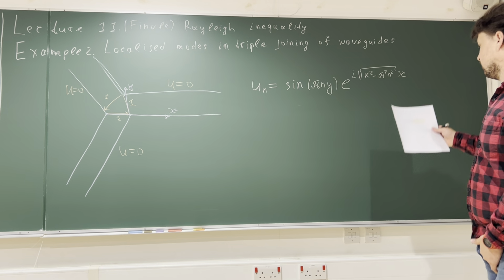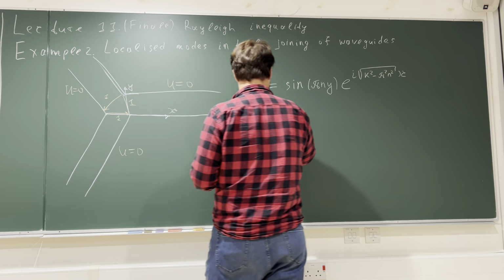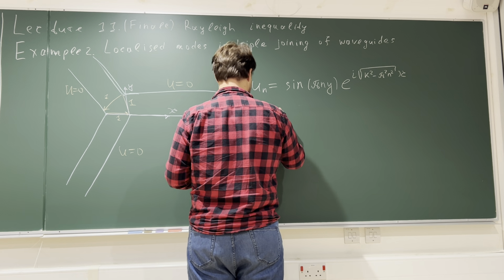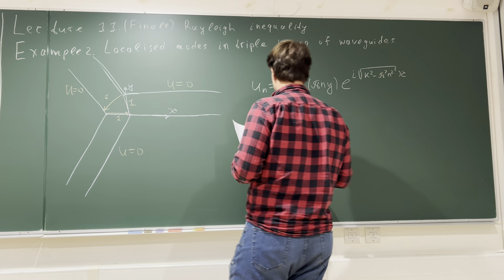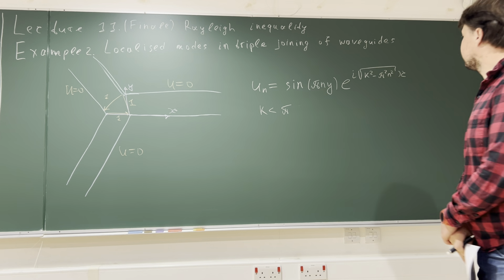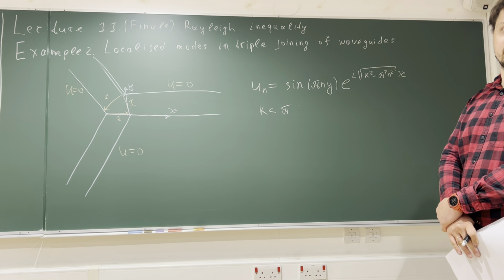So what does it mean if k is less than pi? Then we don't have any propagating waves in our waveguide.